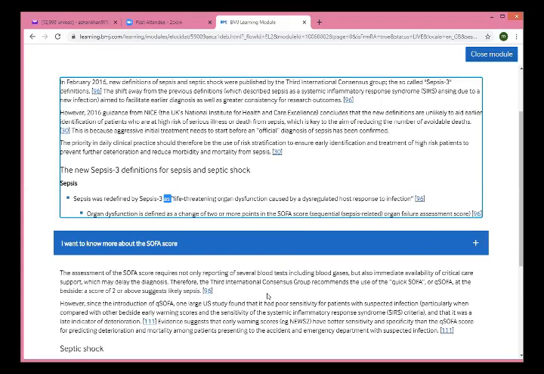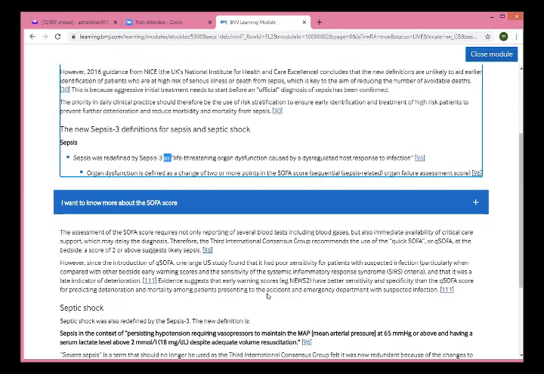The quick SOFA score is used at the bedside. So if the qSOFA score is 2, sepsis is likely.